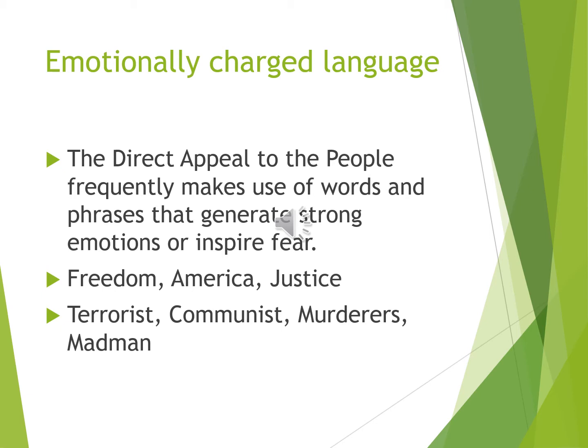Conversely, we have terms like terrorist, communist, murderers, madman that can be used to label those people or those ideas that we disagree with, and can be used to turn a crowd negatively against a certain idea or a certain person. So this is the tactic that people who commit this fallacy use. They use this kind of emotionally charged language in order to generate certain emotions, and then once the crowd is carried away by its emotions, they can be led anywhere the speaker really wants them to go.